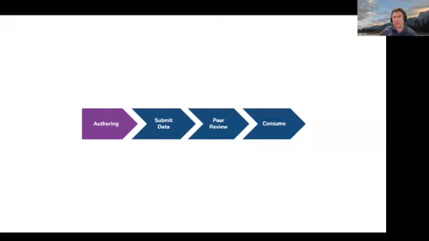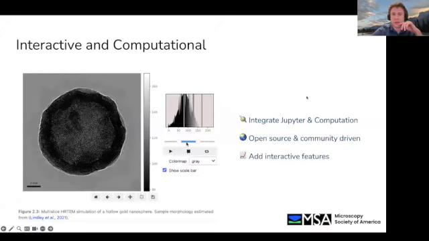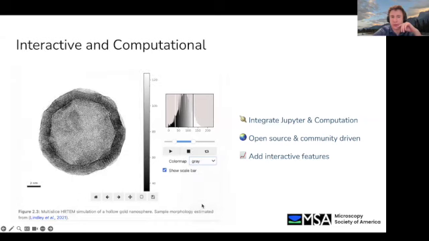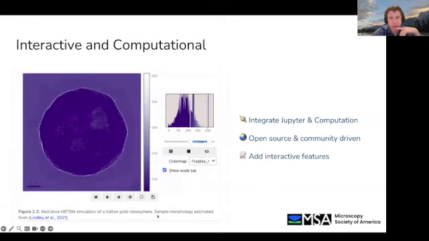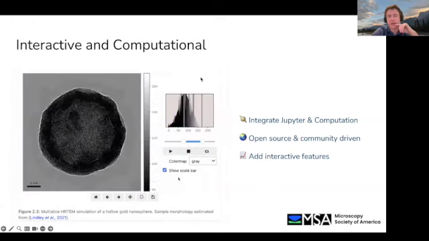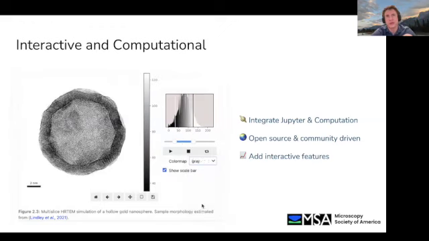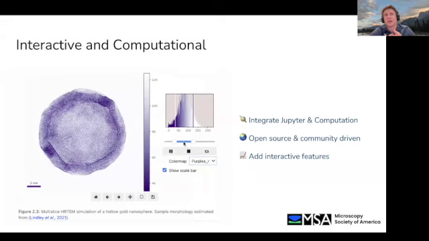Really thinking about a climate model, or we're working with some folks in microscopy as well. Maybe I'll bring up that example, where they're recording all sorts of data for a hollow gold nanosphere. There's a terabyte of data behind here, but you can process that data and then interact with it. And that still requires computation.